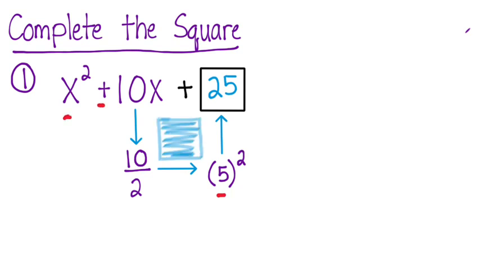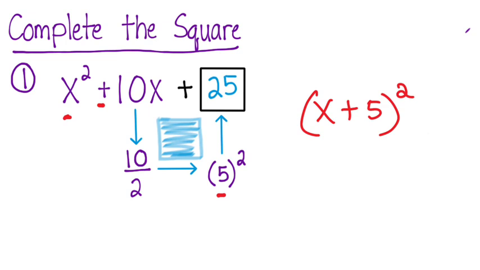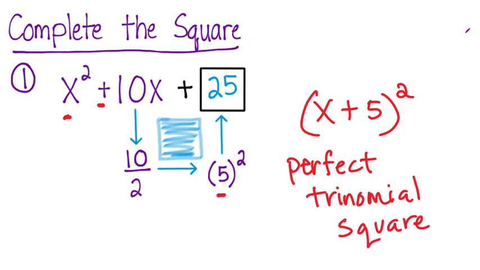And it's a completed square because we know that if I were to Xbox this, I would see that two numbers that multiply to be 25 and add to be 10 would be 5 and 5. Or this would be x plus 5 times x plus 5. Or we also like to just say it's x plus 5 squared because it's identical twins. Two of them, 2 times them. Perfect trinomial square.